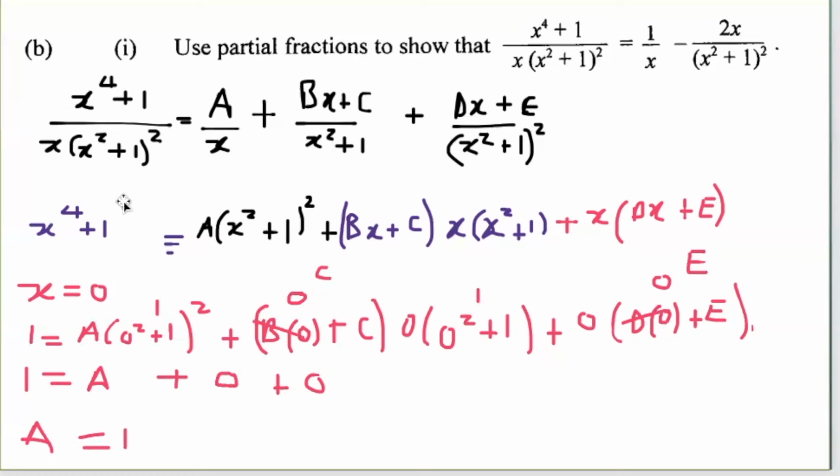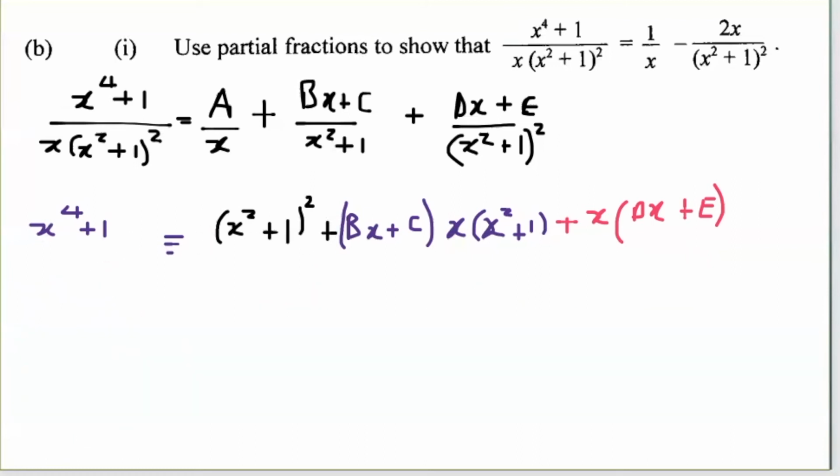So I need to find out what is b, c, d, and e. The next thing that I'm going to do is expand the bracket that I have here. If you realize, I have 1 there because I found a to be 1. So (x squared plus 1) all squared, I need to expand this. We have (x squared plus 1) times (x squared plus 1).